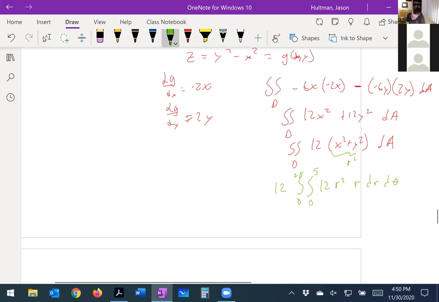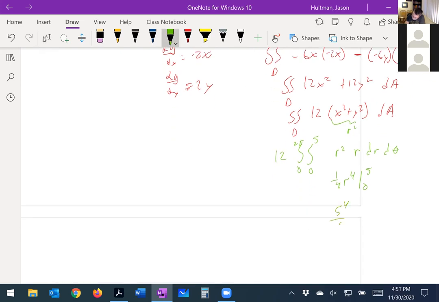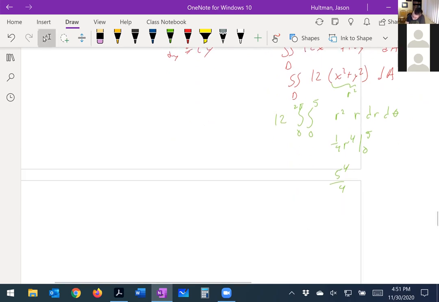Oops, I already have the 12 outside, sorry. This is really r cubed. The integral of r cubed is one fourth r to the 4th, from 0 to 5. So this is 5 to the 4th over 4, which is 625 over 4. Then I integrate that with respect to theta from 0 to 2 pi, with the 12 on the outside.